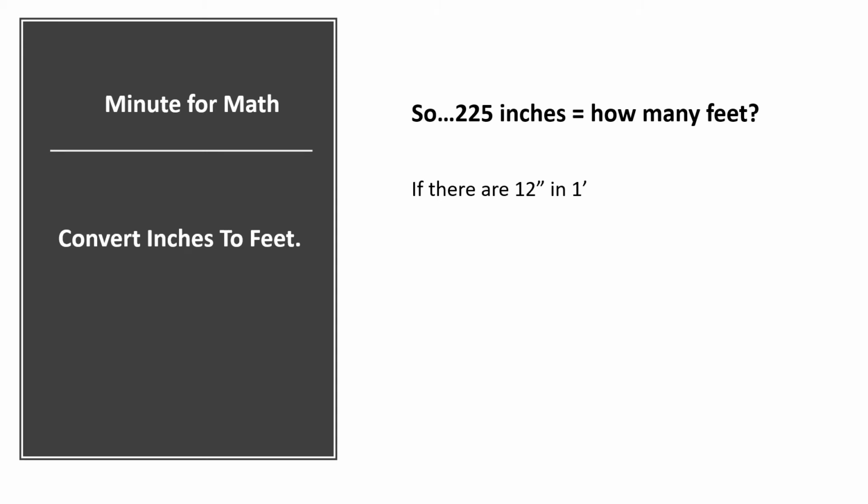All right, well, there are 12 inches in a foot. When you want to convert inches into feet, whatever your amount is, in this case we got 225 inches here, you just divide by 12 because there's 12 inches in every foot. So if we divide these inches by 12, we're going to come up with how many feet we got.